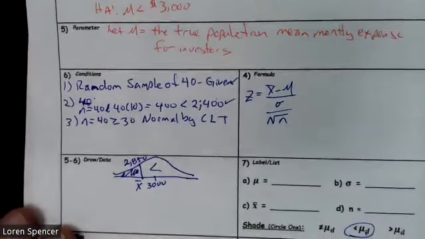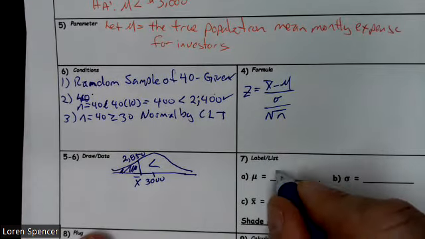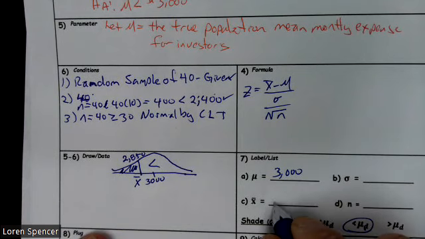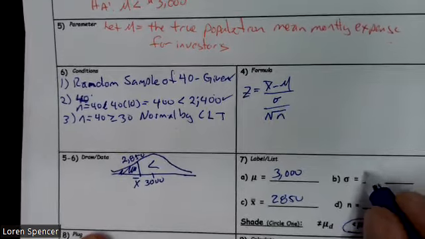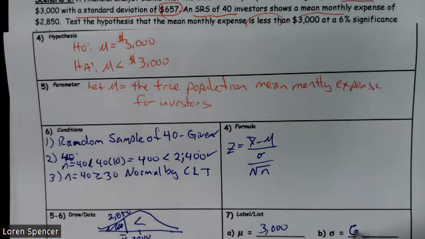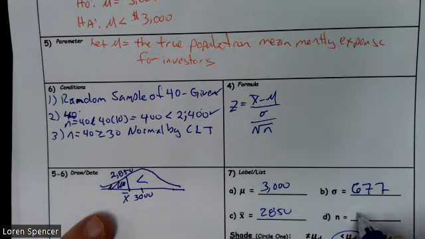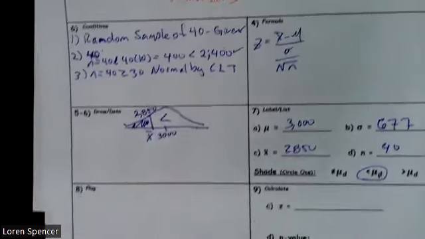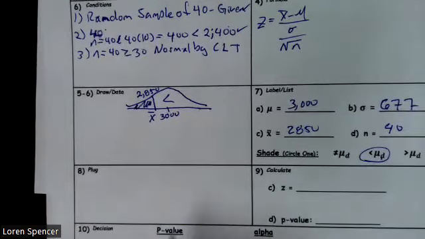Please ignore the D. Mean is 3,000, X bar is 2,850, our sample mean. Our population standard deviation is 677, and our sample size was 40. So we're going to need to plug into our formula.